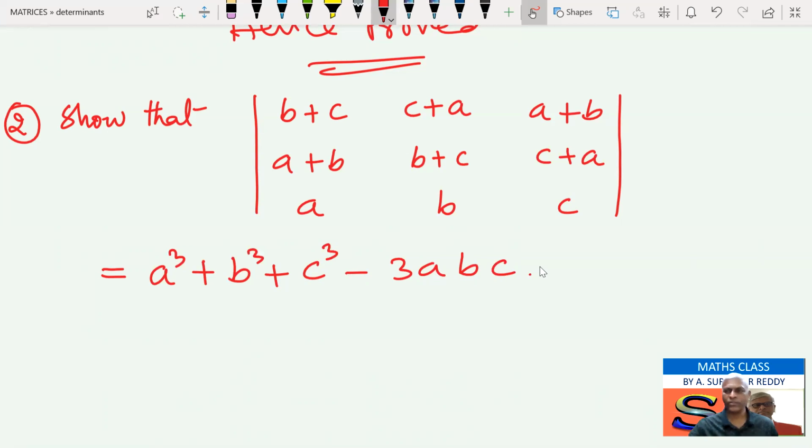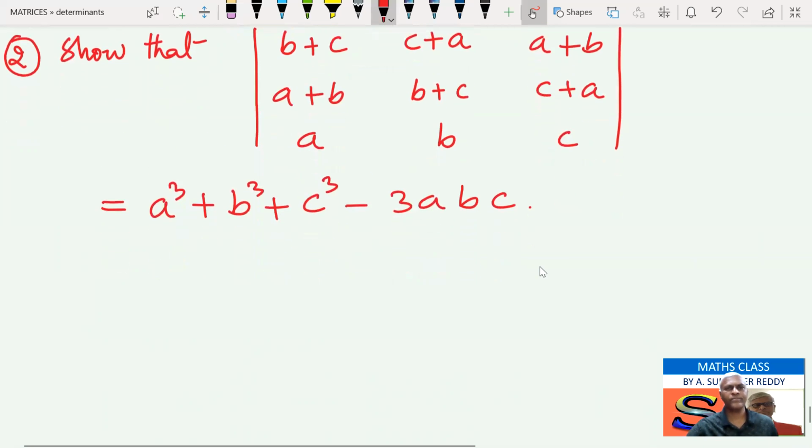So we have to show that this determinant is equal to A cube plus B cube plus C cube minus 3ABC.